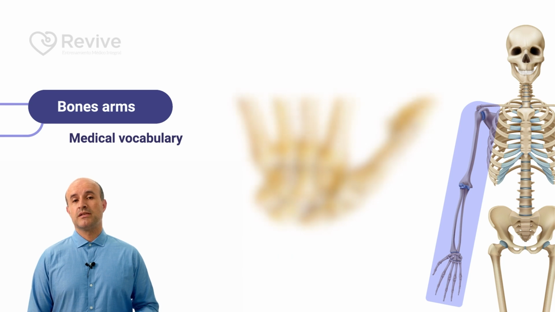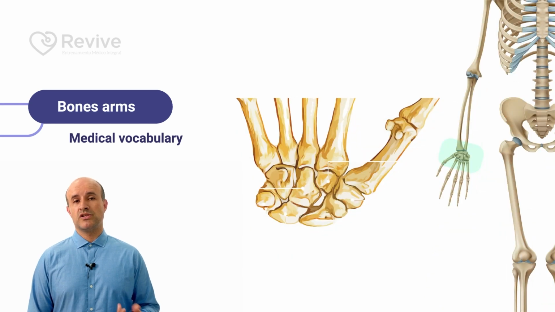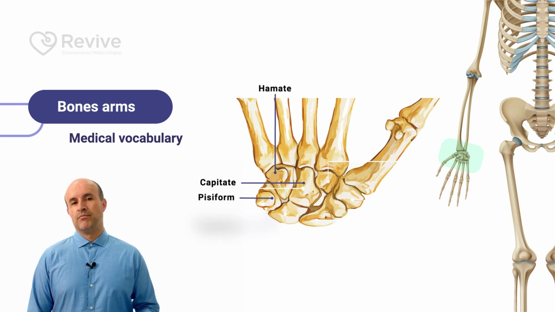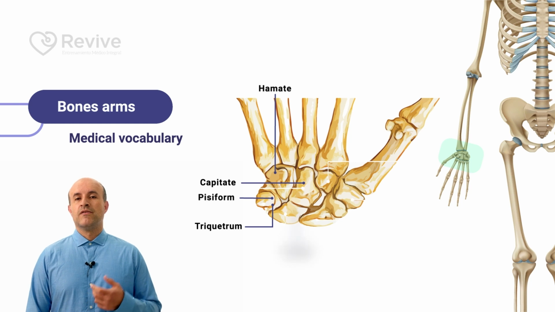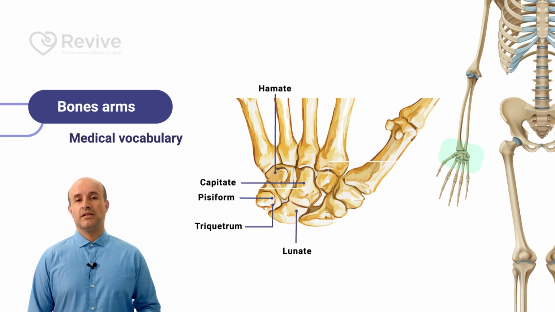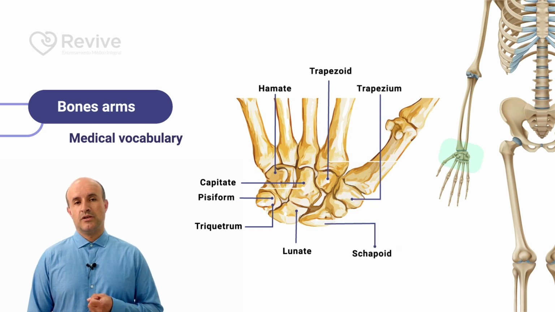In the wrist, we will find bones such as the hamate, the capitate, the pisiform, the triquetrum, and the lunate. From left to right and from right to left, we can find in our image the trapezoid, the trapezium, and the scaphoid. We will study the bones of the palm next.